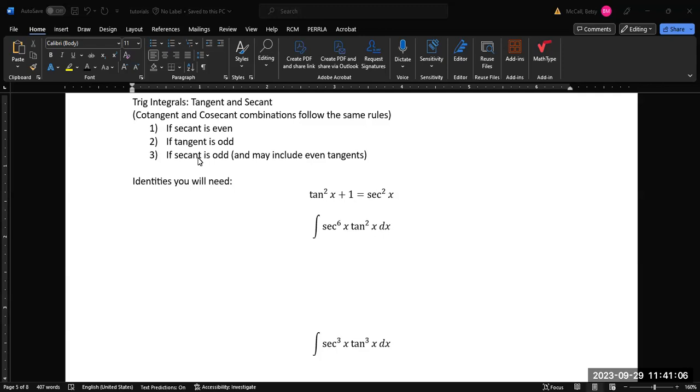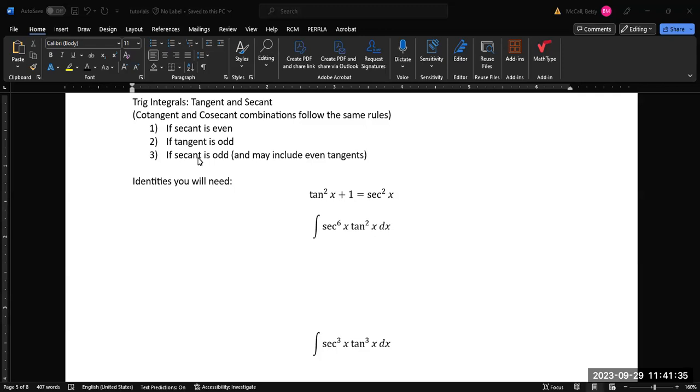Now, hopefully those odd secants are not going to be too crazy. If it's just one secant, it's a little easier. But if it's a lot of secants, like secant cubed, we have to do integration by parts. If it's secant to the fifth or higher, then it's also going to be crazy, but it's going to be rounds of what secant cubed is going to look like.